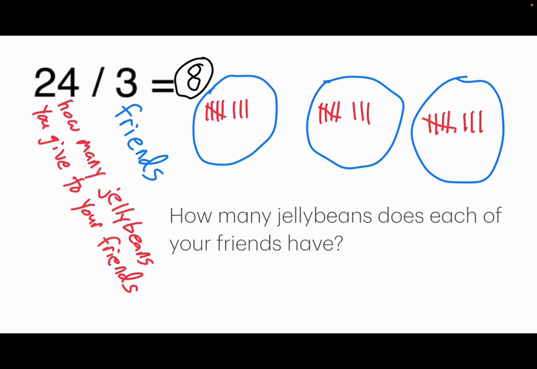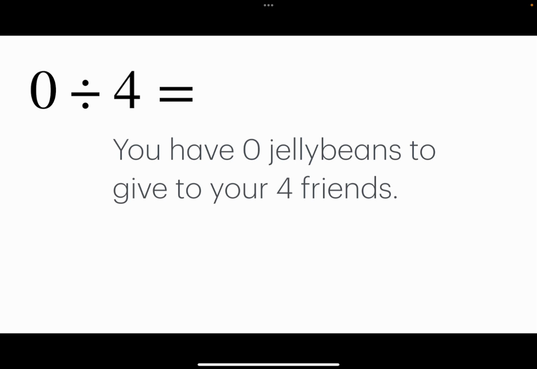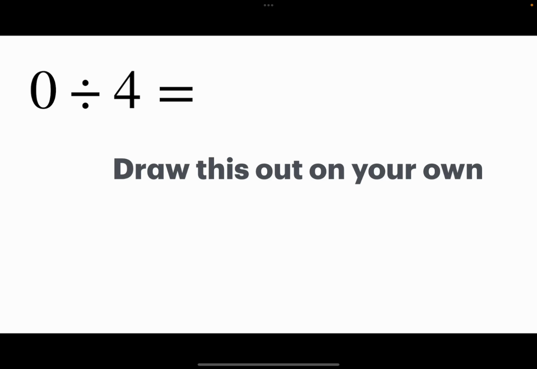All right, let's look at the next one. Here we've got 0 divided by 4. This means you have 0 jelly beans that you're going to give to your 4 friends. Go ahead and draw this one out. Pause the video. All right, welcome back. Let's see what you got.